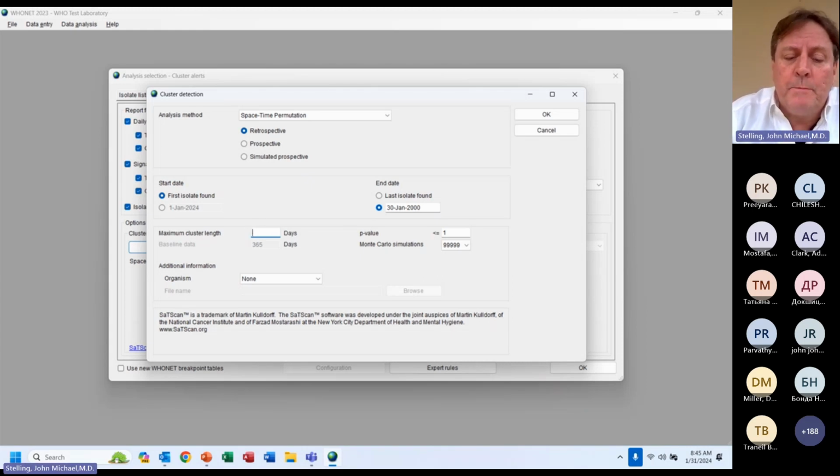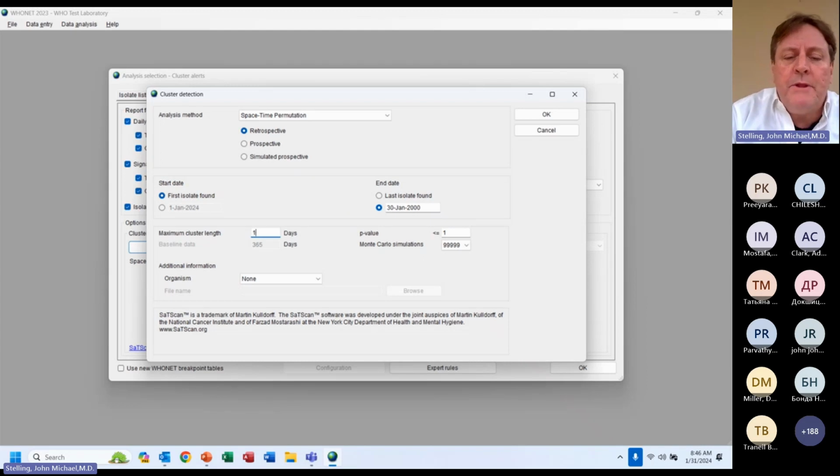In our early work, we put 30 days for community outbreak detection and 60 days for our hospital outbreak detection. However, we did find a number of true outbreaks where 60 days wasn't enough. We had an example from a neonatal intensive care unit where there was a true outbreak, and the first isolate was at the beginning of May, and the second isolate was at the end of July, and that was more than 60 days apart.